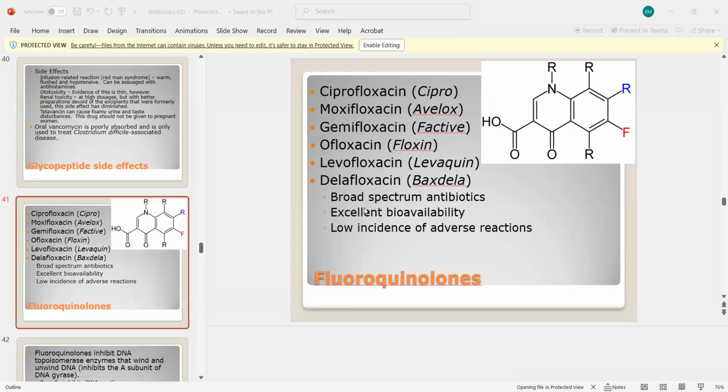So topoisomerase, do a little etymology there. You're going to have to speak up. Right, topoisomerase. So what does it work on? What does it do? Yes, and what specifically does it do, Elizabeth?